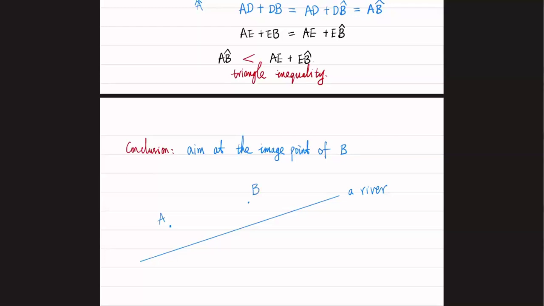But the horse needs to drink water. Okay, it needs to stop somewhere to get some drink. How do we find the shortest way, the quickest way to move from A to B riding the horse?